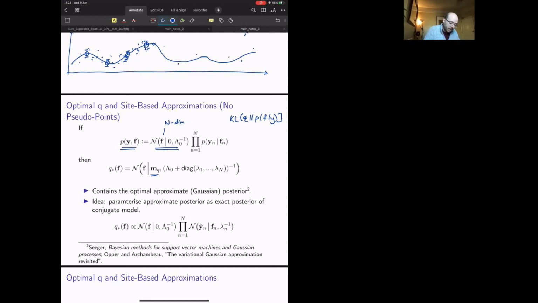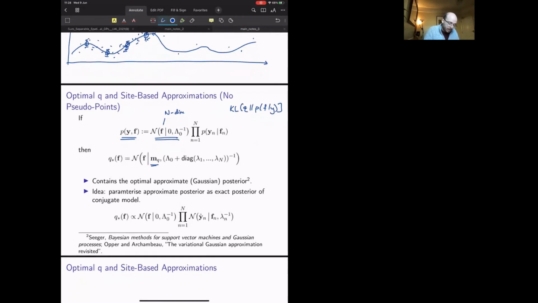So it's got some mean vector, which is less interesting than the precision. But the precision is the sum of the prior precision and a diagonal term. So this is saying specifically the optimal choice of q has this form, which only has a total of 2n free parameters.